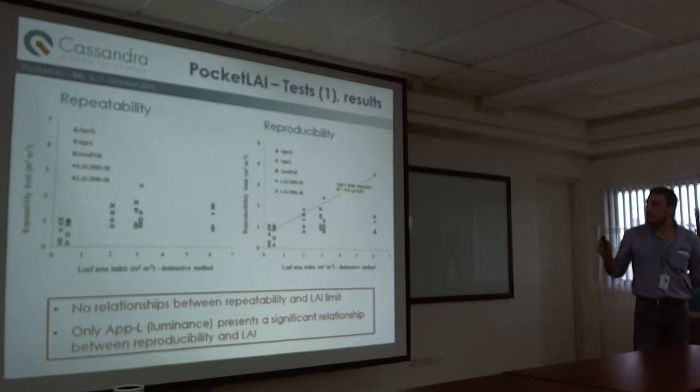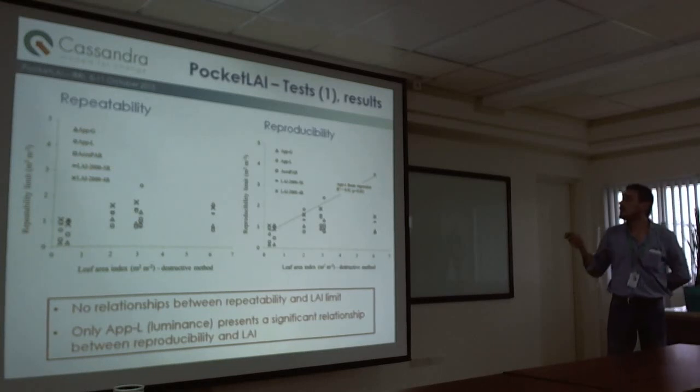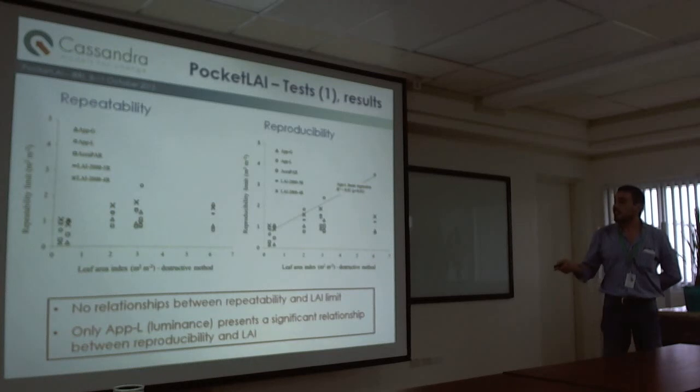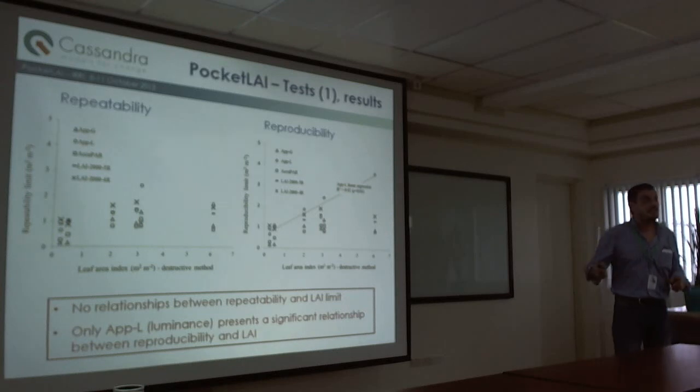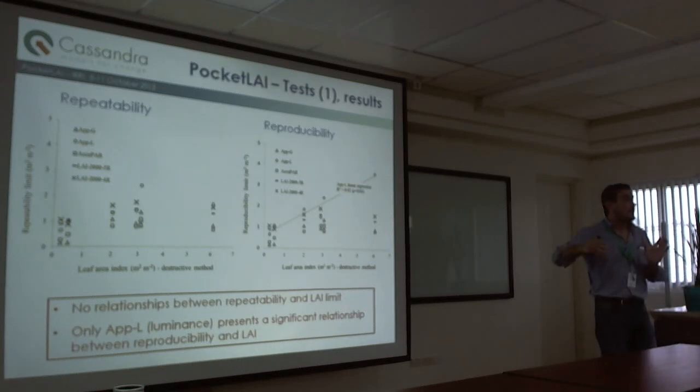Okay, another result from this first test, this is the values of the different index measured with the destructive method, here and here. And here we have the repeatability limit, okay, and here the reproducibility limit. This means that there are no relationships for the repeatability limit while increasing the values of different index by the destructive methods.